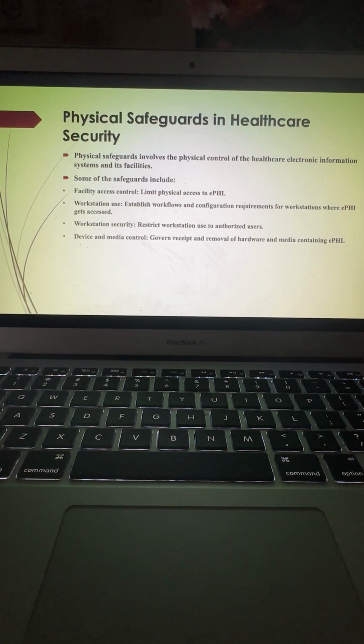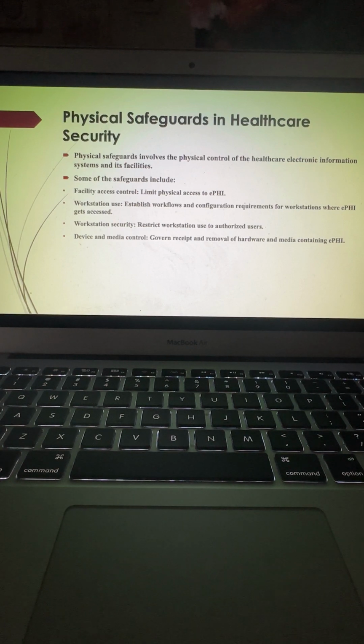Then talking about physical safeguards in healthcare security. Physical safeguards usually involve the physical control of the healthcare electronic information systems and its facilities. Some of the safeguards include physical access control, limiting the physical access to ePHI. Workstation use, which means establishing workflows and configuration requirements for workstations where ePHI gets accessed.